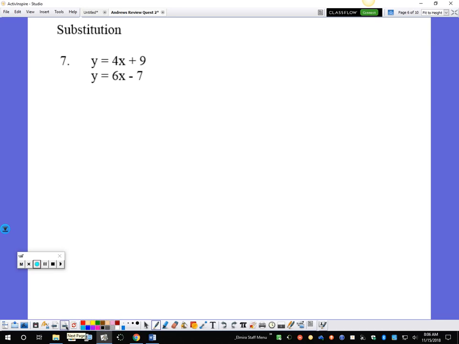Okay, my seventh problem is also telling you to use substitution, but it's a different substitution because both equations are y equals.